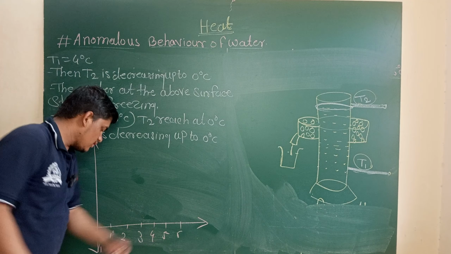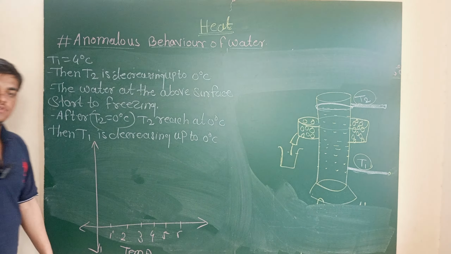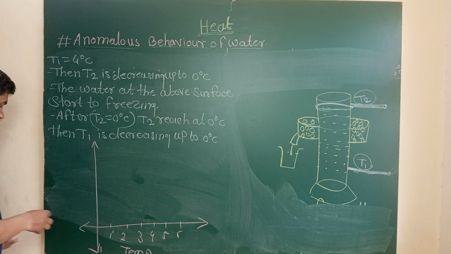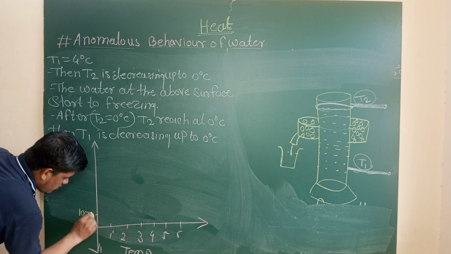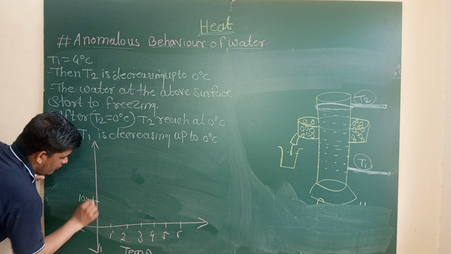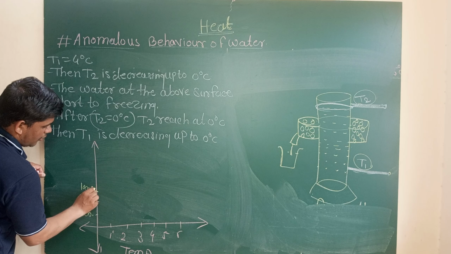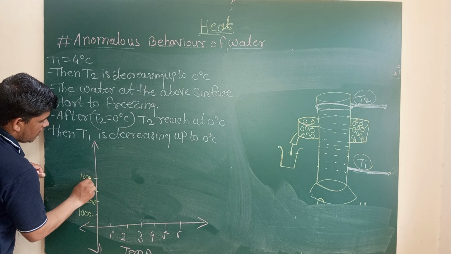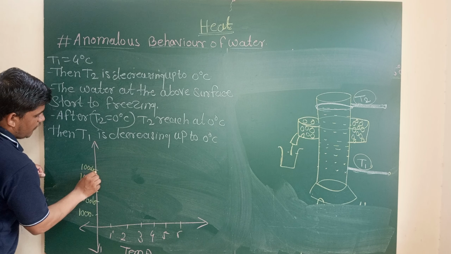On the y-axis the volume is 1000, 1000.10, 1000.20, 1000.30, 1000.40.